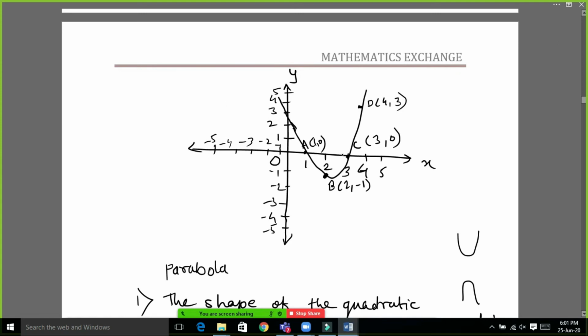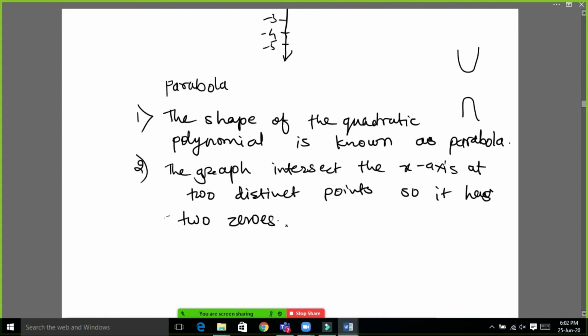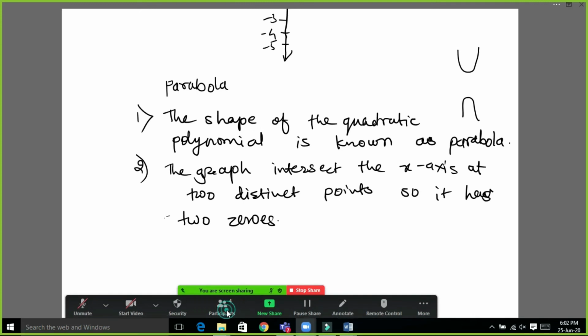Although it is a parabola, if it touches the x-axis at only a single point, then the zeros are repeated and it has 2 zeros which have the same value. So always remember this point. So this is all about the geometric representation of linear and quadratic polynomial.